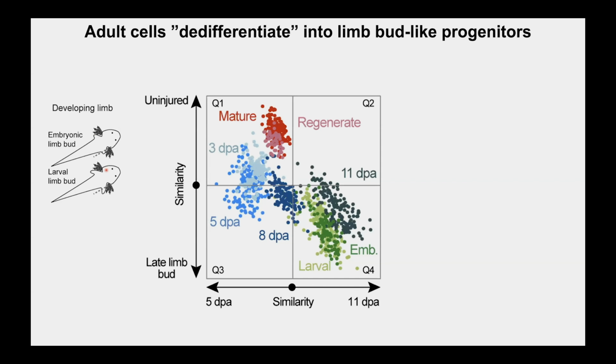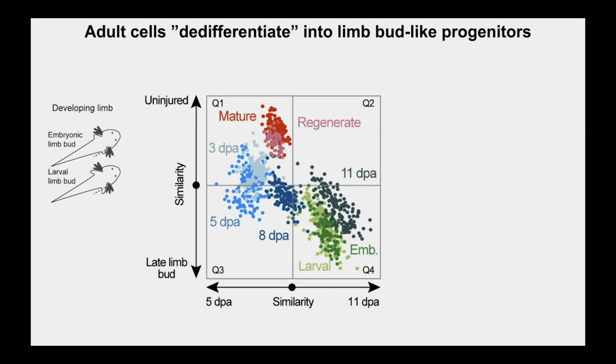And so we performed an analysis called quadratic programming, where we identified the gene set that's characteristic for the uninjured fibroblasts, genes specific for the late limb bud, genes specific for the 5-day blastema, and genes specific for the 11-day blastema. And then we asked for each cell, what fraction of these programs did that cell express?